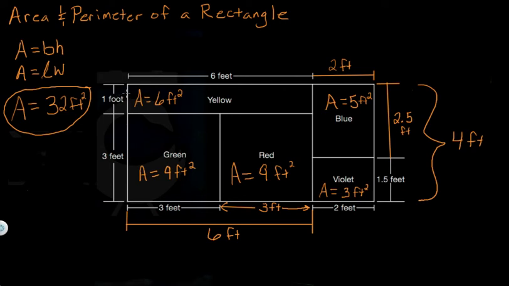So we start here, we can say 1 foot plus 3 feet, that's 4 feet, plus another 3 feet, that's 7 feet, plus another 3 feet, that is 10 feet, plus 2 feet is 12 feet, plus this 4 feet distance here is going to be 16 feet, plus 2 feet is 18 feet, plus a final 6 feet gives us our perimeter of 24 feet. So our overall perimeter is 24 feet.